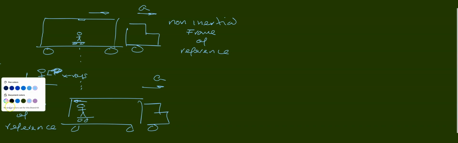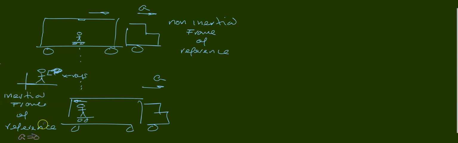We live in an inertial frame of reference. The difference is that when you are in an inertial frame, the acceleration is 0. When you are in a non-inertial, the acceleration is something. You have acceleration here, you don't have acceleration here.